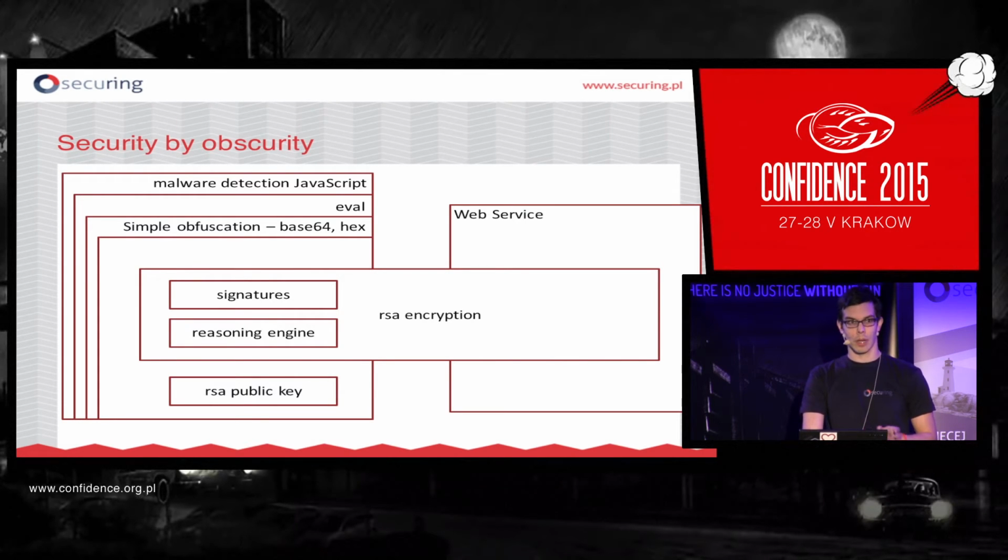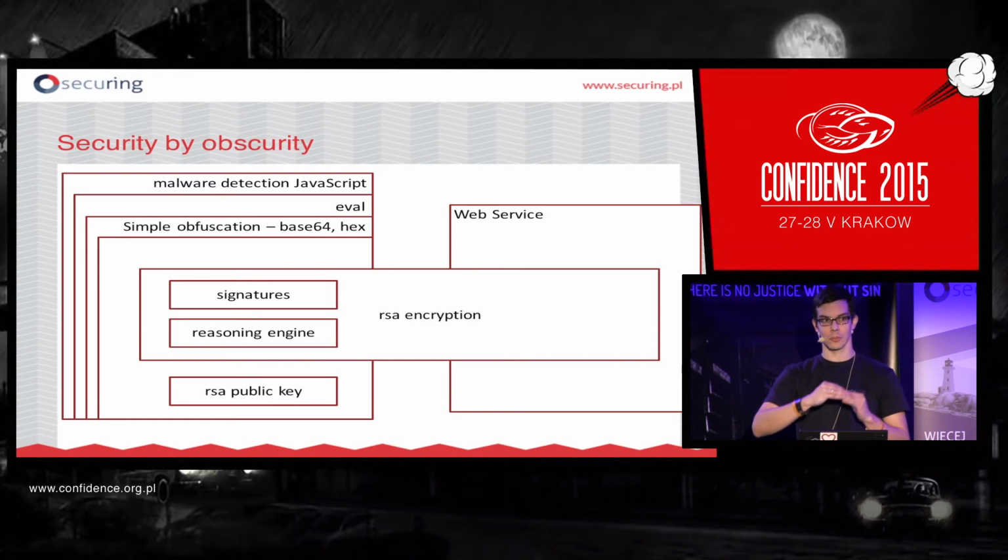What do you think about code obfuscation? I'm a fan of code obfuscation because you have to understand its purpose. It has to make it more difficult, more time-consuming, more resource-consuming for an attacker to analyze and understand what's going on.